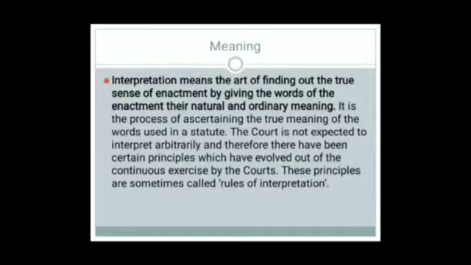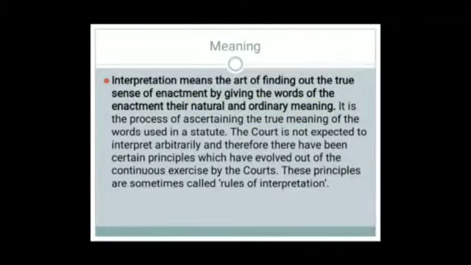So therefore interpretation means the art of finding out the true sense of enactment by giving the words of the enactment the natural and ordinary meaning. So it is the process of ascertaining the true meaning of the words used in a statute.